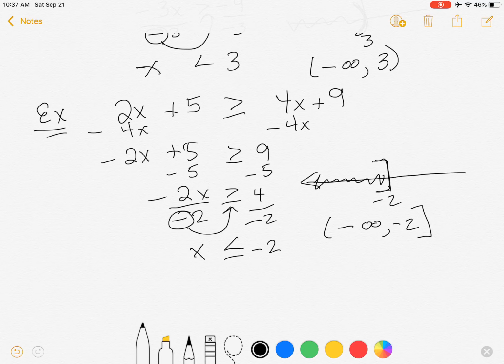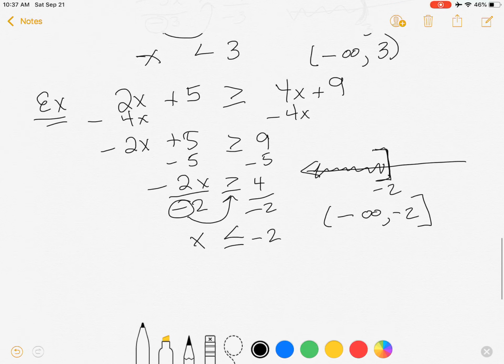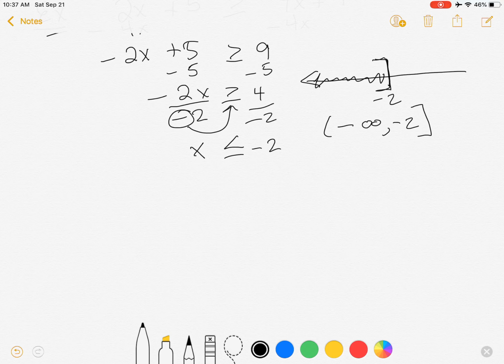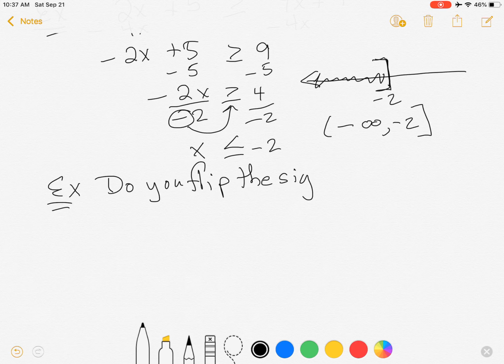Alright, just make sure that you're either multiplying or dividing by a negative. So there's a couple of questions on your homework that just say, do you flip the sign? Okay, so if I have x plus 5 less than 2, do I flip the sign? No, because you're subtracting 5.